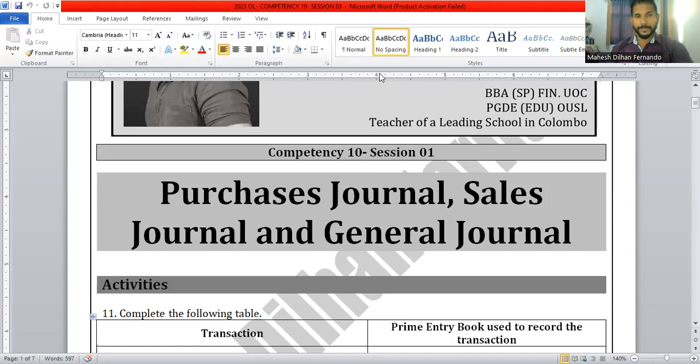One book is purchases journal, because there is a credit purchase of raw materials. So one prime entry book is purchases journal, and you have to write it as an answer. Today I'm moving to the last prime entry book according to this particular competency, that is general journal.